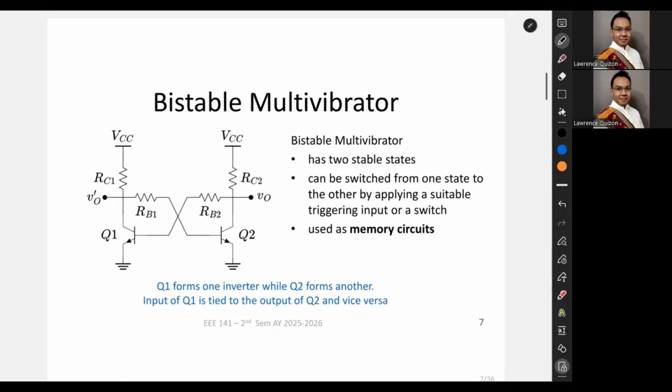This still is a cross-coupled inverter pair, but we have a coupling resistance between the collectors. This bistable multivibrator has two stable states. It can be switched from one state to the other by applying a triggering input or a switch, which we'll talk about later. And this can be used as memory circuits.